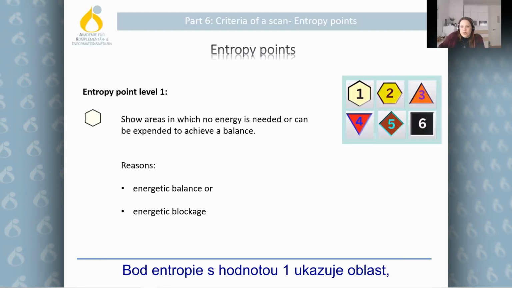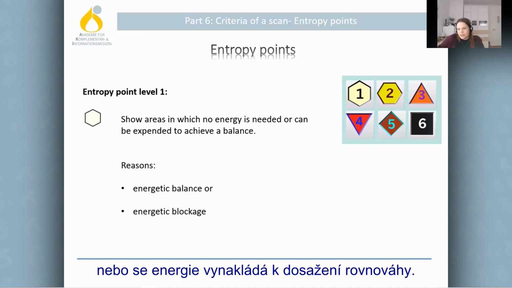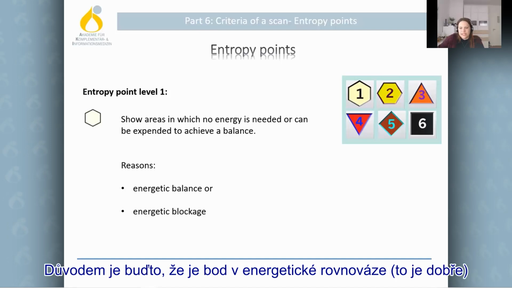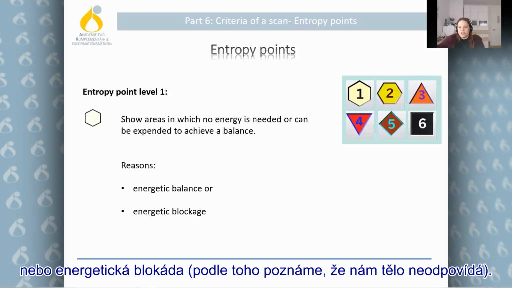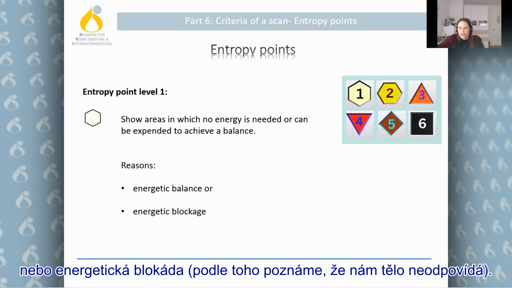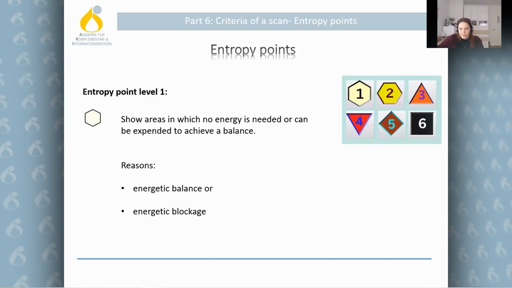Entropy point level 1 shows an area in which no energy is needed or can be expended to achieve a balance. The reason is either energetic balance, which would be the best case, or an energetic blockage. This is where we can see that the body is not talking to us in this moment.